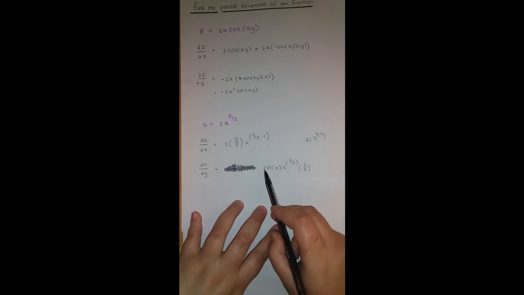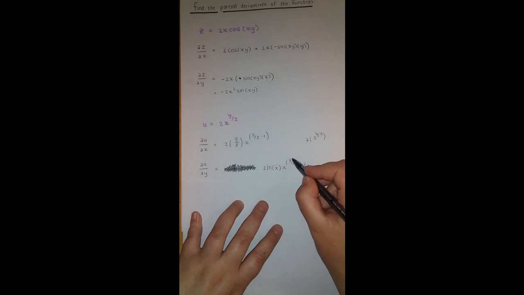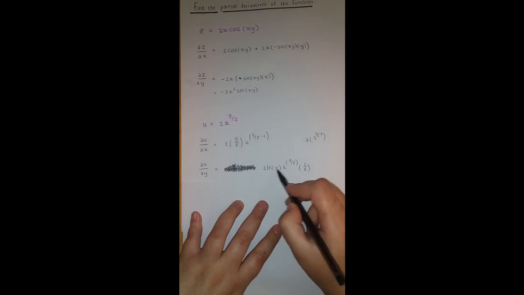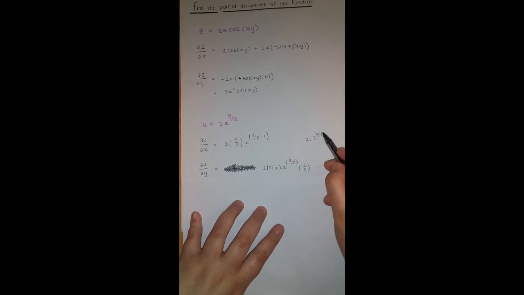So we would have 2 ln x times x to the y over z, because this stays constant but it gets multiplied by the ln of the constant value, times the derivation of y over z. If you have half y and derive it, you just have a half left, so you'd have 1 over z.